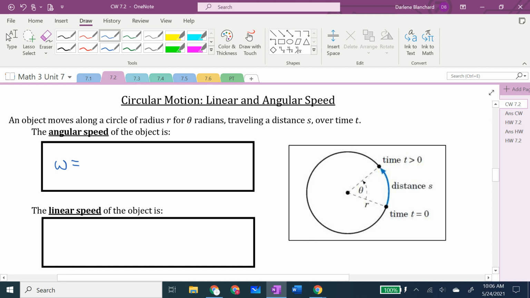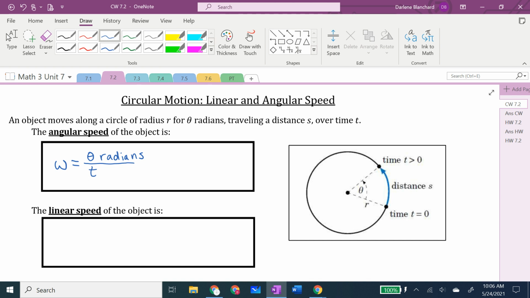And what it is is how many radians you go over however much time you decide, or over how much time it takes to go along that angular sweep.